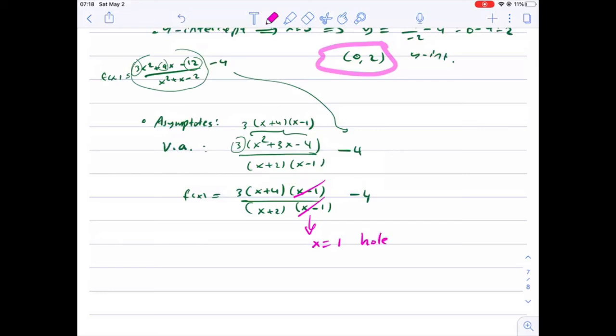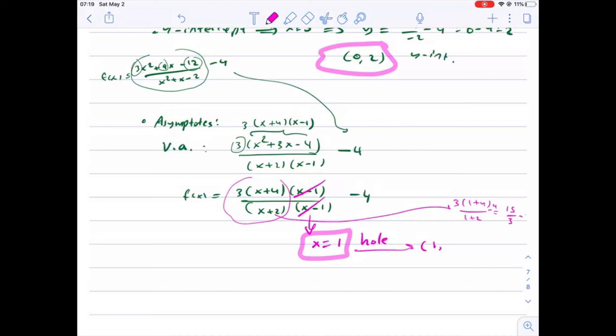So we have a hole at x equals 1, and the value of that hole is found when we substitute 1 into the function, what is left here. So it's 3 times (1 plus 4) over (1 plus 2), minus 4 here.